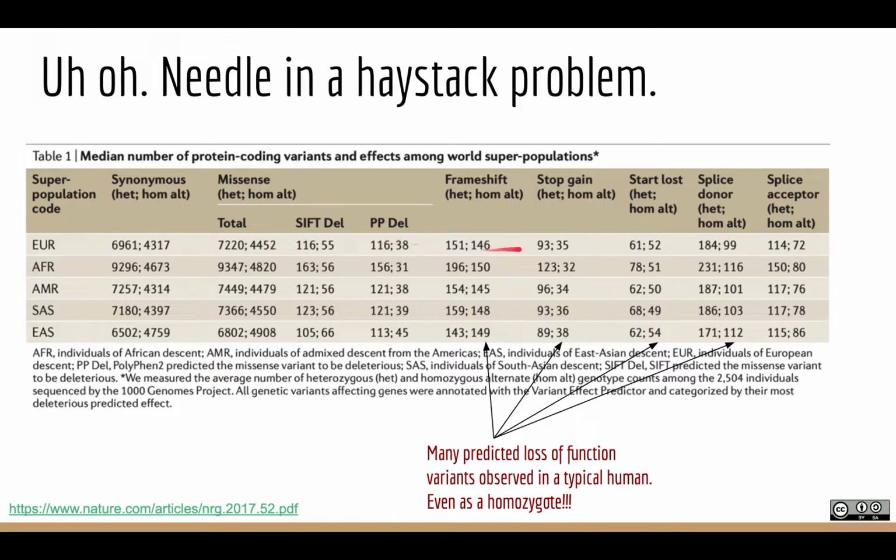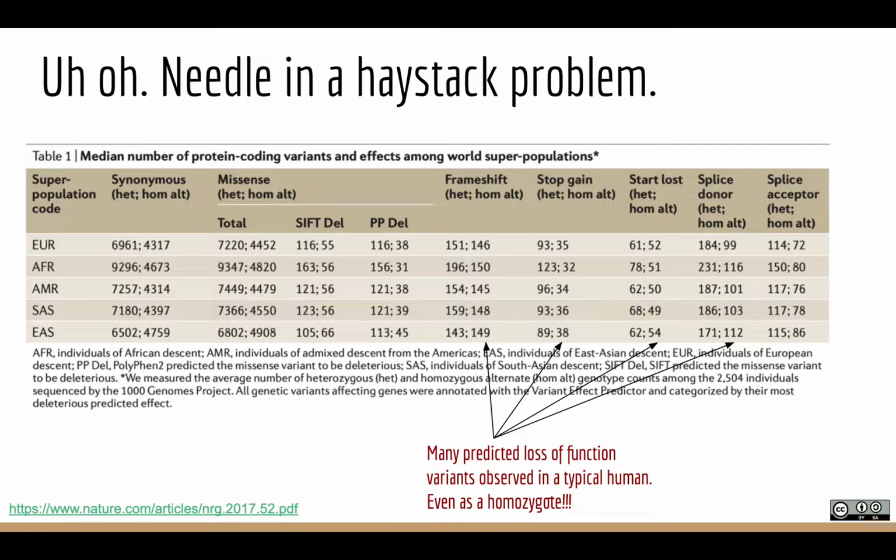But if we move out here into the putative loss of function changes, a typical individual of European ancestry has 93 coding changes that would lead to an addition of a premature stop codon in a heterozygous state and 35 in a homozygous alternate state. Now, probably the vast majority, if not all of those on average, affect proteins that aren't essential during development, right? And that's part of the problem.